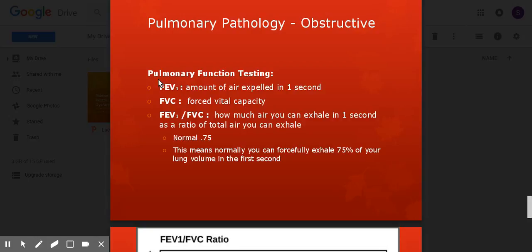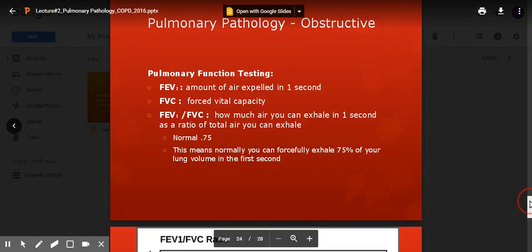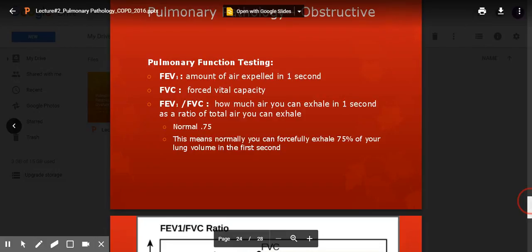What is your FEV1 compared to your FVC? How much air can you exhale in 1 second as a ratio of the total air you can exhale? Normal is roughly 75, meaning that 75% of the air that you exhale is exhaled in the first second, while the remaining 25% is exhaled in the remaining time of the exhalation.